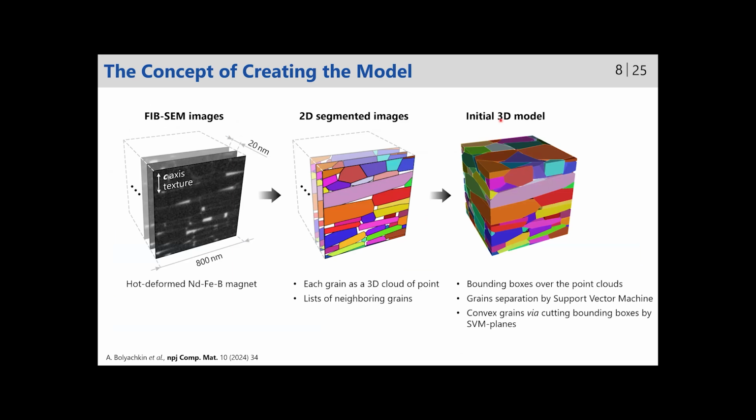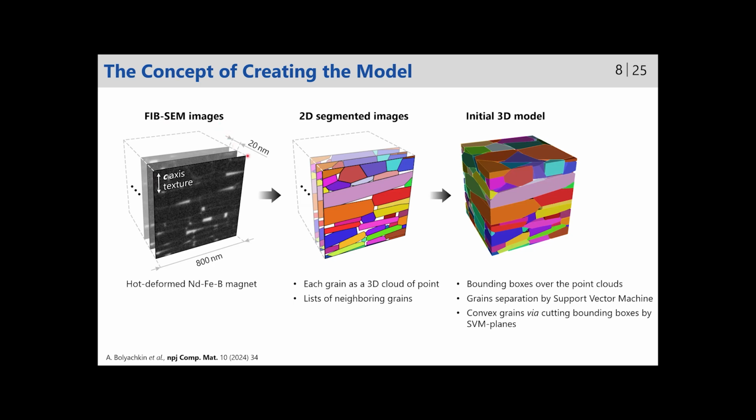And how can we construct a model of a hot deformed neodymium iron boron magnet for micromagnetic simulations? As I said, the model should be bulk, so it should be a three-dimensional model. One way to get microstructural data for this model is to perform so-called FIB-SEM image tomography.